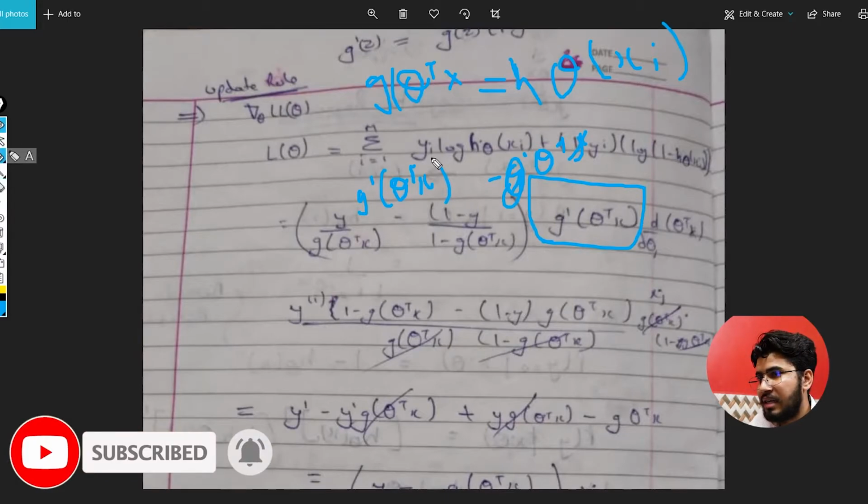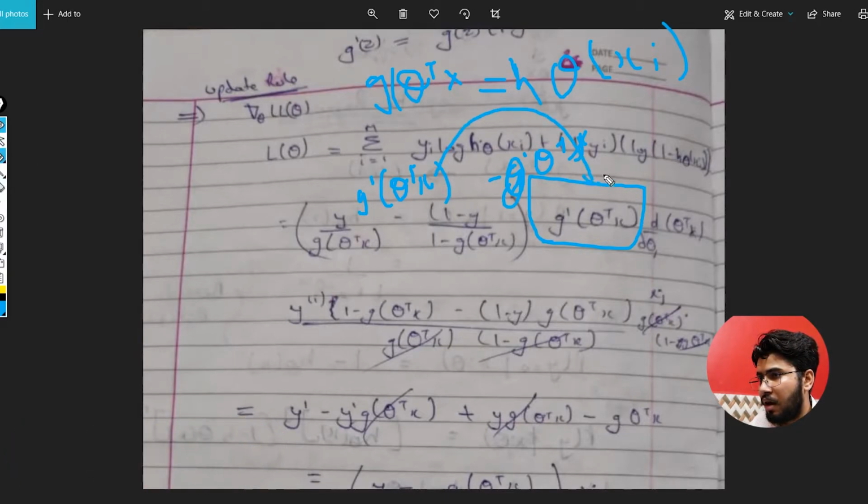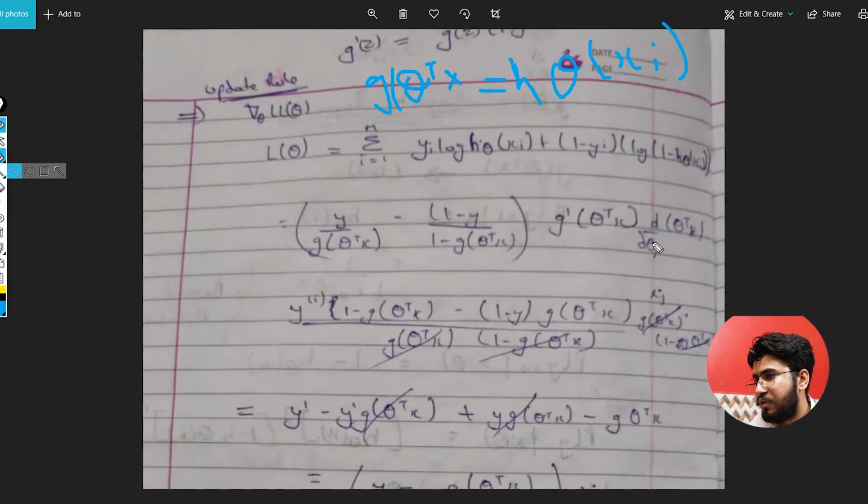So I took a common factor out, and we had this negative sign here. Okay, so we got this value out. After that, we have to apply the chain rule here too. So for that we are doing this, and this is the step here. Now let's move on to the next step.